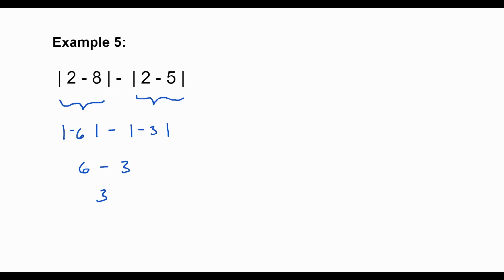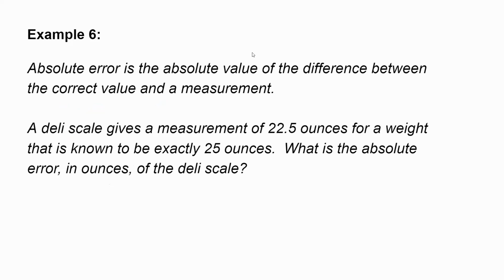One more example that's a little bit different. Sometimes absolute value can work its way into word problems. In this case, they give us a little bit of an explanation as to what we're getting into. Absolute error is the absolute value of the difference between the correct value and a measurement. That sounds a little bit confusing until we read the rest of this.